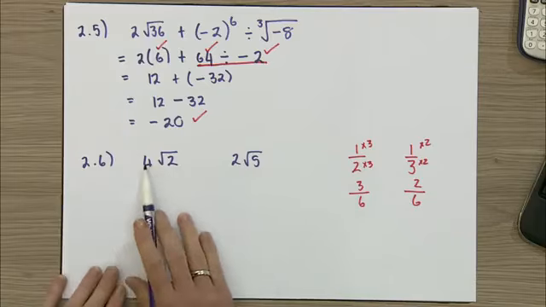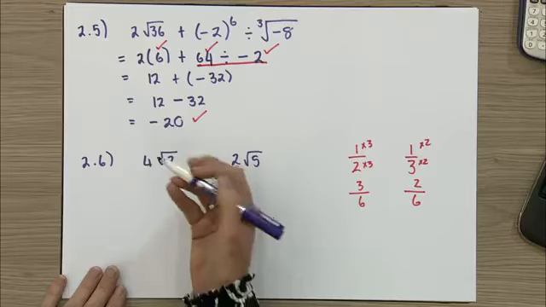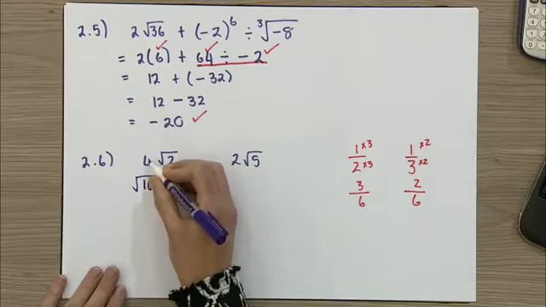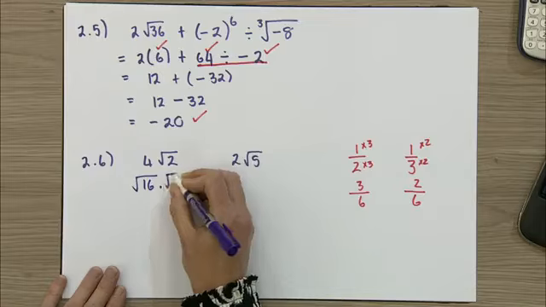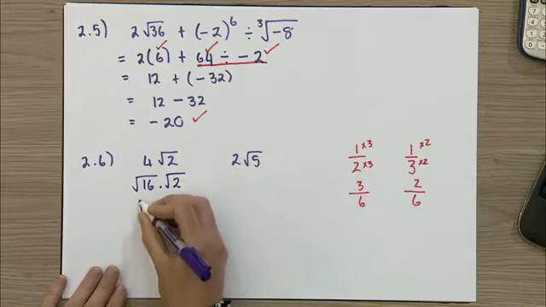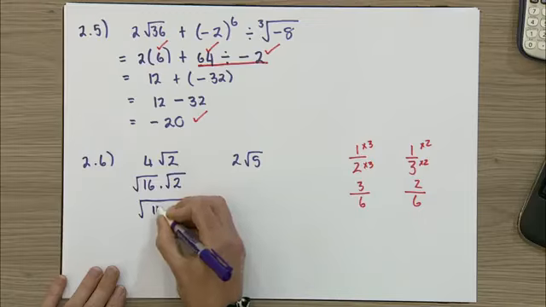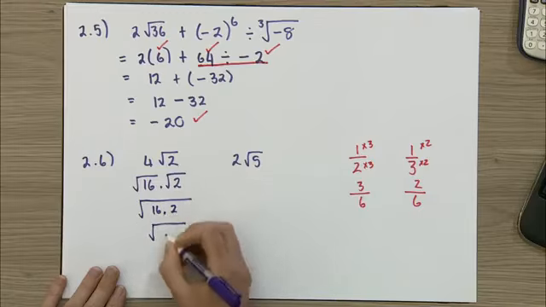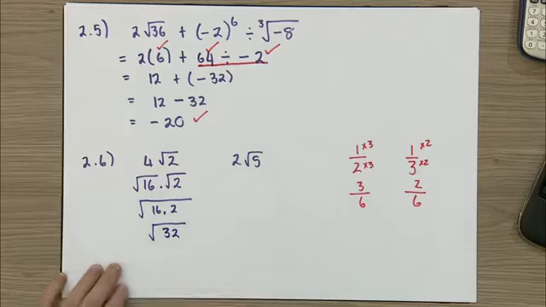So let's go see. What number's square root was 4? So what number, if I take the square root of, I get 4? We should know that one. It is 16. So the square root of 16 is 4 times the square root of 2. I can write this as 1 square root, and I can say it's 16 times 2, so it's the square root of 32.